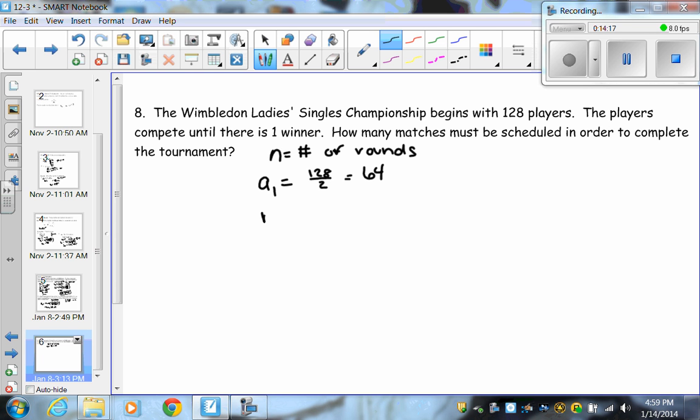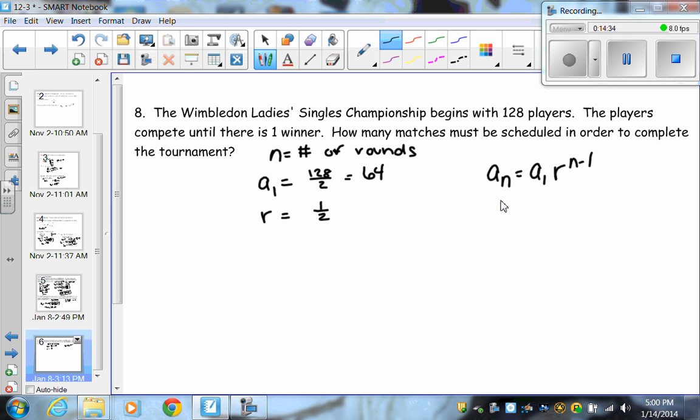And that also tells me that r equals 1/2 because 2 people are playing and only one's advancing. So our rule is a of n equals a of 1 times r to the n minus 1.